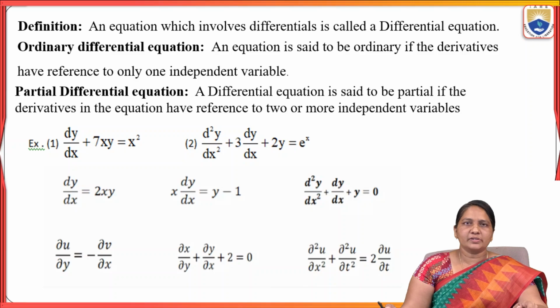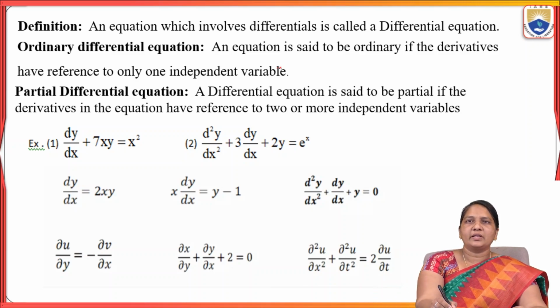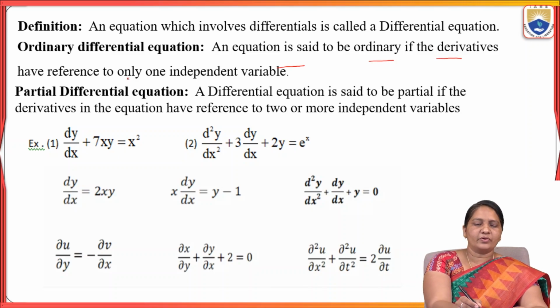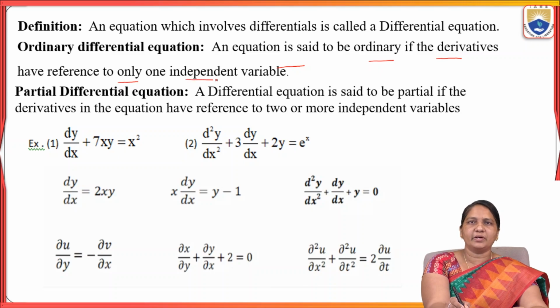First of all, what is an ordinary differential equation? An equation is said to be ordinary if the derivatives have reference to only one independent variable. So in an ordinary differential equation, we have only one independent variable.